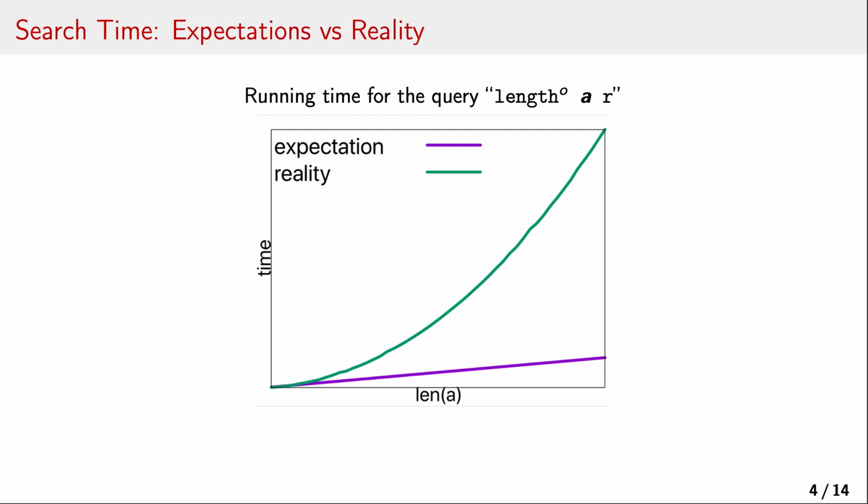Since it is a simple procedure that traverses the list, we can expect it to have time linearly dependent on the length of the list. And in Prolog, it looks like this. But in the reality of miniKanren, it looks like this, which is obviously a superlinear dependency, and actually it is quadratic.